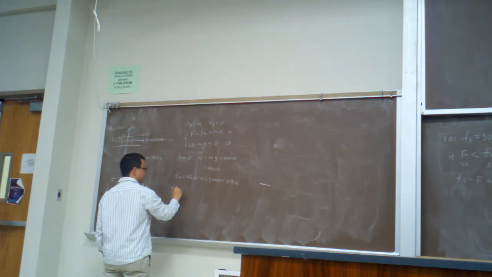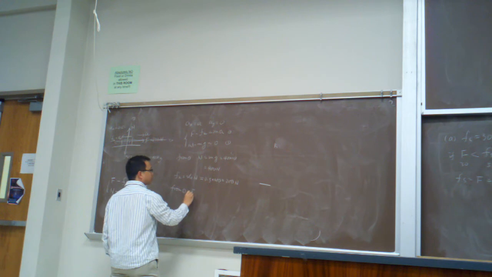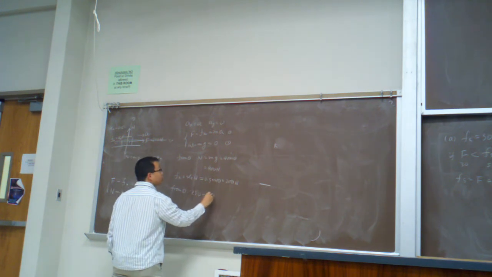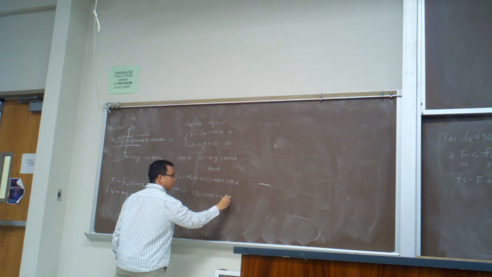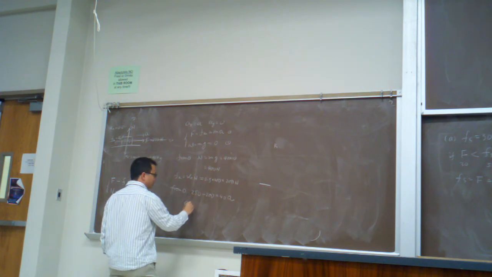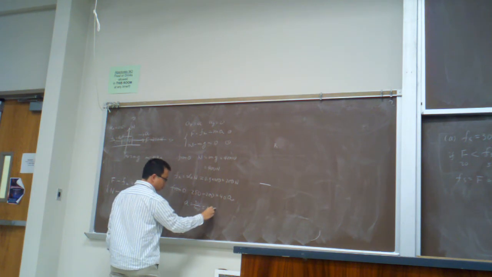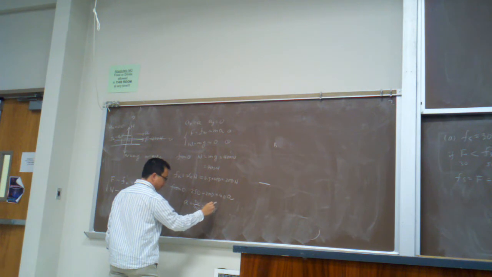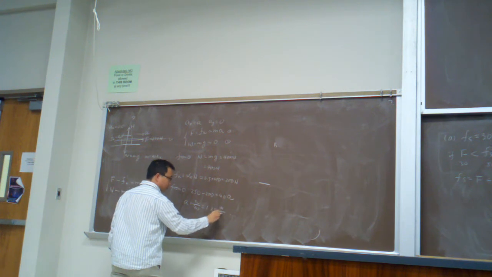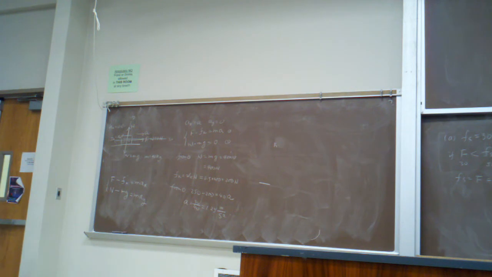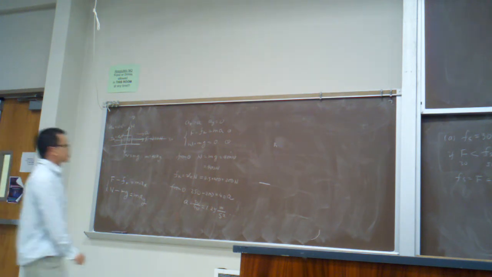From equation 1, F, which is 250, minus 200 equals 40 multiplied by a. So a equals 50 over 40 equals 1.25 meter per second squared. And that's the acceleration and the frictional force.